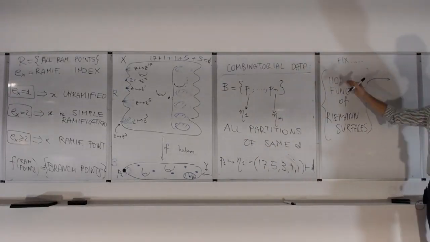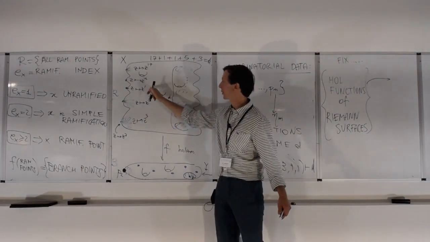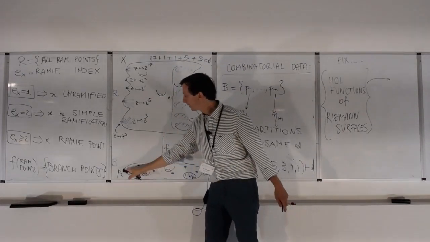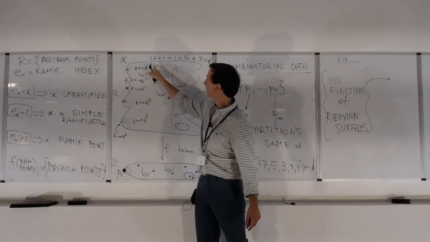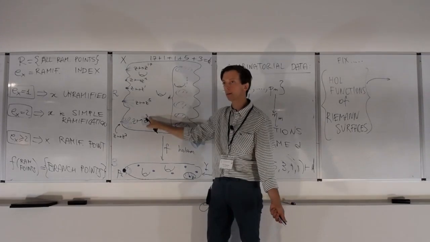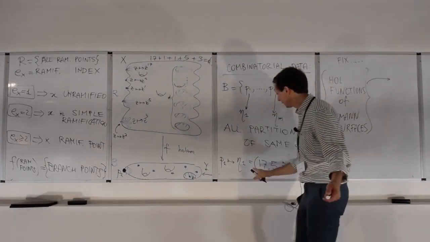Every time you have such a map F, you can extract these partitions. I take F, I take the branch points downstairs, I look at what happens upstairs, I look at the exponents. I know that I can find each of them, because this is the local normal form. I take all the exponents and put them in a list.